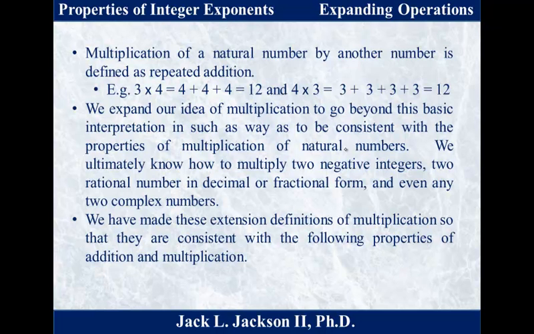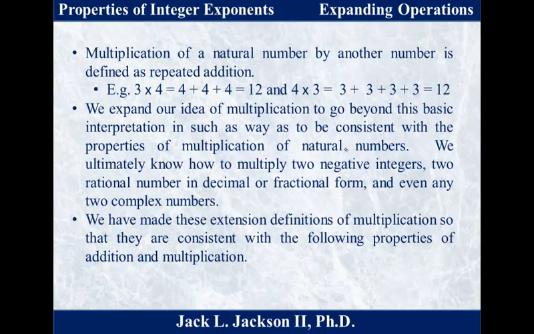But we have already extended our idea of multiplication to include some things where we're not having natural number times natural number. For example, we now know how to multiply two negative integers, or maybe even rational numbers, both in decimal form or fraction form. And ultimately we know how to multiply two real numbers or two complex numbers.